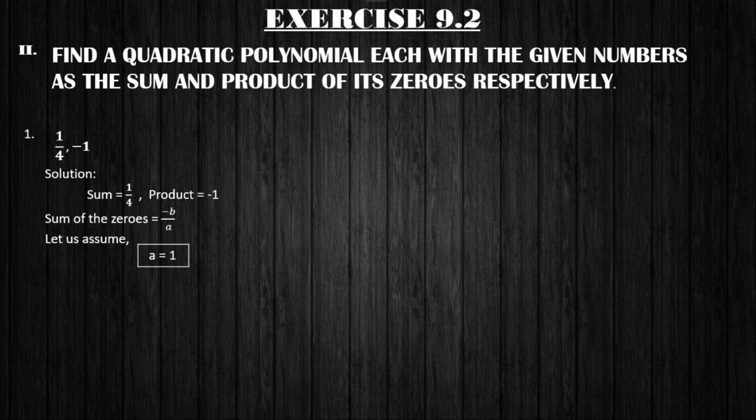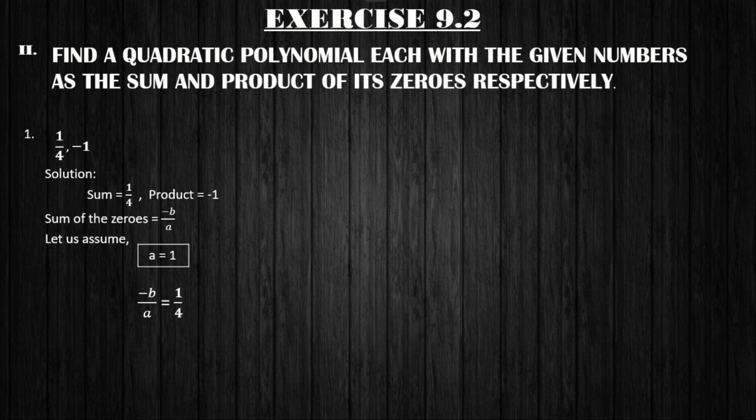So here we get the value for a. We need to get the values for b and c. For that, we need to equate the formula minus b by a, that is the sum, to the number given, that is the fraction 1 by 4. Minus b by a is equal to 1 by 4 because both are the sum.